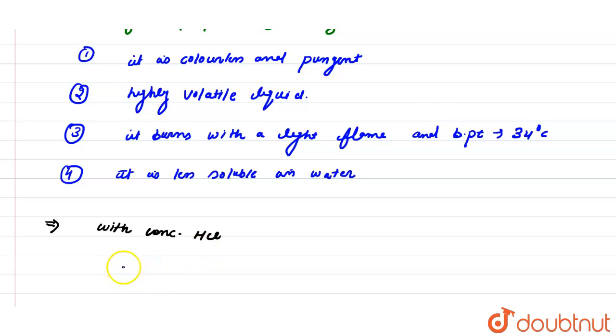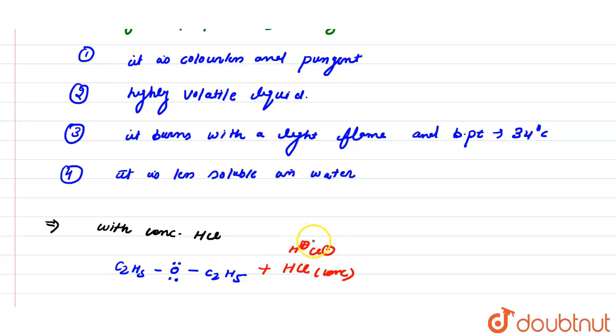Let's see the reaction first. Here C2H5OC2H5 is diethyl ether. Oxygen has lone pairs of electrons. When it reacts with concentrated hydrochloric acid, HCl ionizes as H plus and Cl negative.